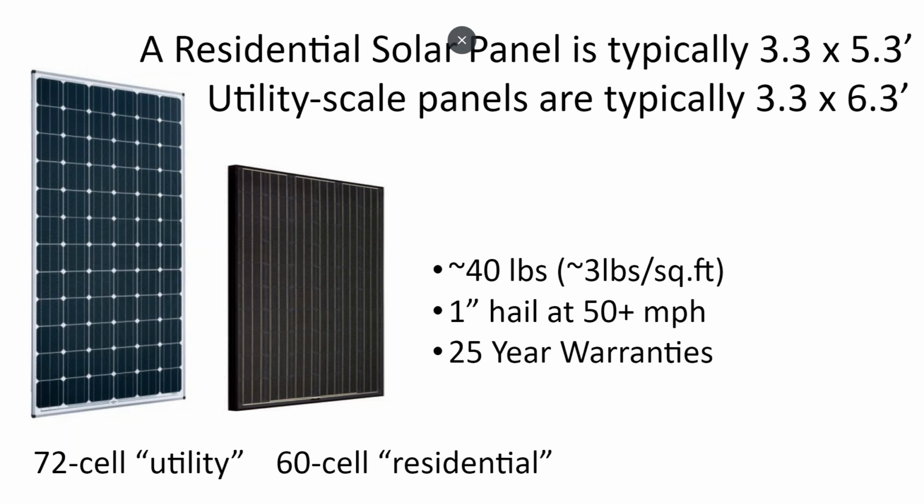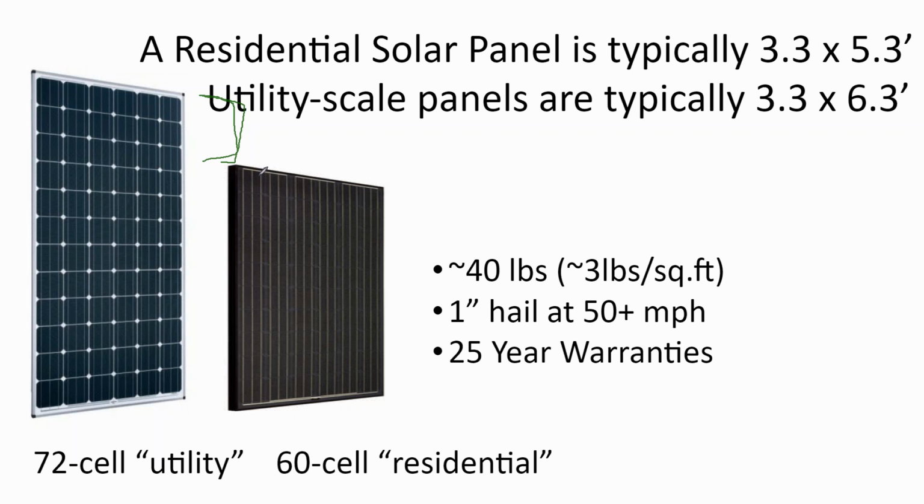Now, at the utility scale, they say, well, you're not on a roof, so we're going to be a little bit more physically demanding of you because we don't have to worry about you falling off the roof. And so at the utility scale, they make their panels a little bit taller and a little bit heavier than at the residential level.